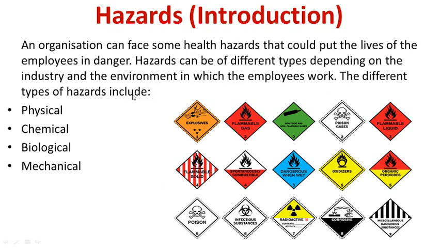The different types of hazards include physical, for example radiation, temperature, noise, etc. Chemical hazards, which include toxic metals, air pollutants, etc. Biological hazards, which include bacteria or viruses, and mechanical hazards, which include motor vehicle, sports injury, etc. So, to maintain a safe workplace, we are required to identify and eliminate such threats from our workplace.